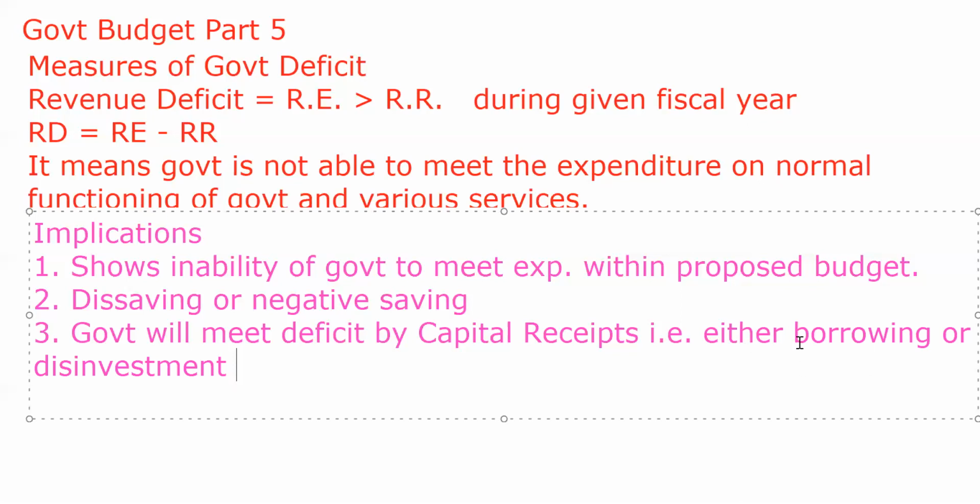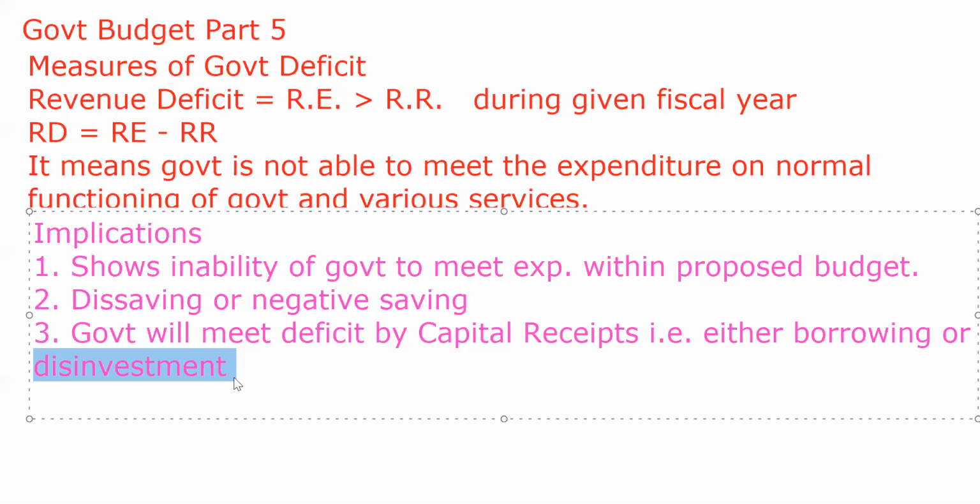It means if the government borrows more money from different sources, the liability will be created on the government. Clear? Or disinvestment. If the government does the disinvestment, what would happen?